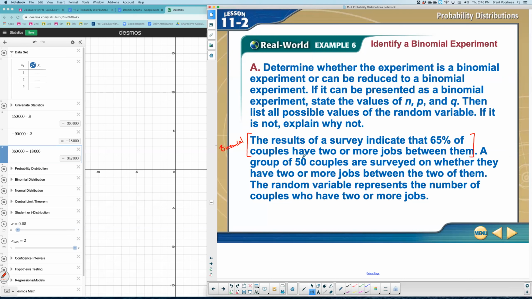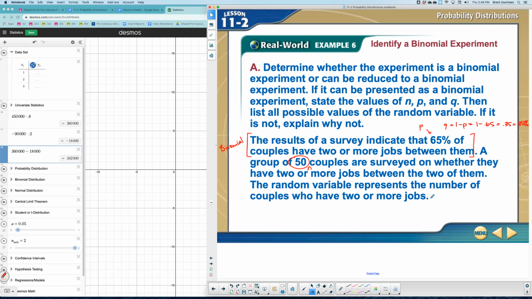A group of 50 couples, that would be your N, the number of couples, are surveyed on whether they have 2 or more jobs. By the way, this would be the probability, 65%, and so Q would equal 1 minus P, which would be 1 minus 0.65 or 0.35, which you could write as 35%, is the probability of failure.